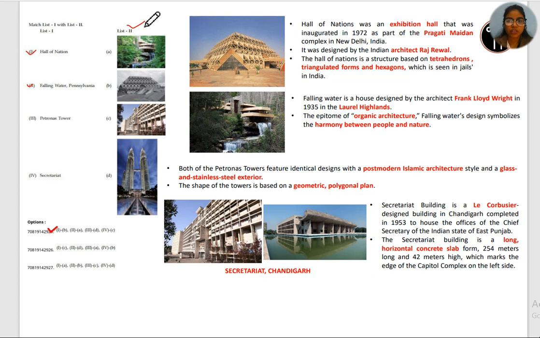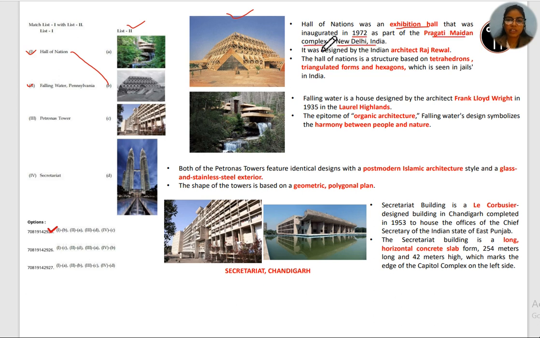The first option is the Hall of Nation. Among the pictures given below, the correct answer for the Hall of Nation will be option number B. As you can see in this image, the Hall of Nation was an exhibition hall inaugurated in the year 1972 as a part of the Pragati Maidan complex in New Delhi.